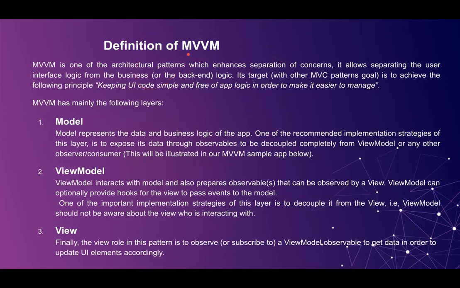Okay, so MVVM has the following layers. First one is the model, which stands for the first M, and then there is VM. VM stands for view model, and V for view. So first M stands for model, V stands for view, and VM stands for view model. These are the components that we find in the MVVM architecture. We'll discuss what is a model, what is a view model, what is a view. These are the three basic components.